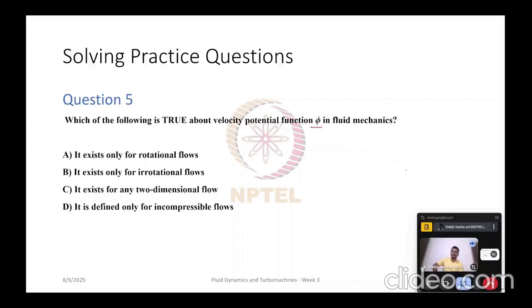Is it option A, that it exists only for rotational flows? Option B, that it exists only for irrotational flows? Option C, that it exists for any two-dimensional flow? Or option D, it is defined only for incompressible flows?